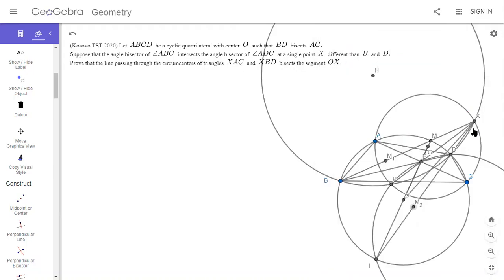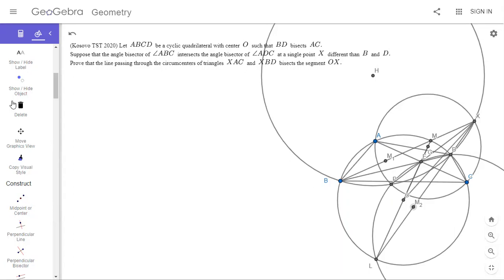So we know O is on the circle X, M1, O, M2. That's easy to see. We want to show that P is on that same circle. And is it just, since P sends BM to DL, it sends BM1 to DM2? Okay, I see what you're saying. And I think that, yes, okay.